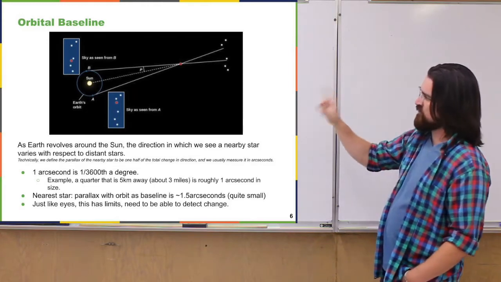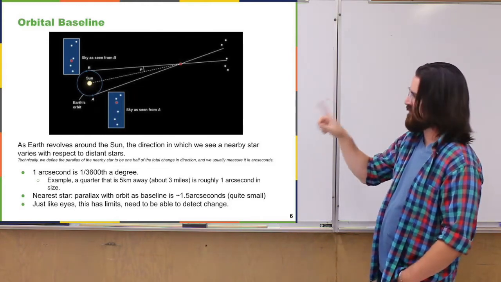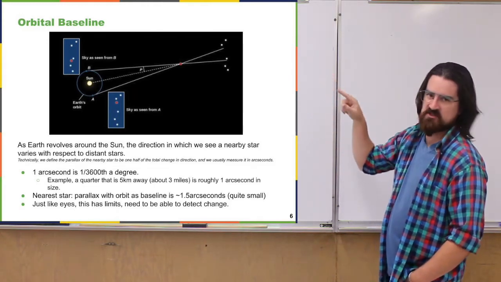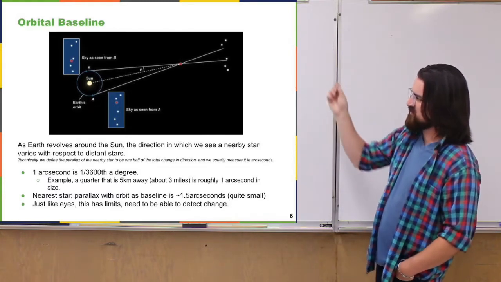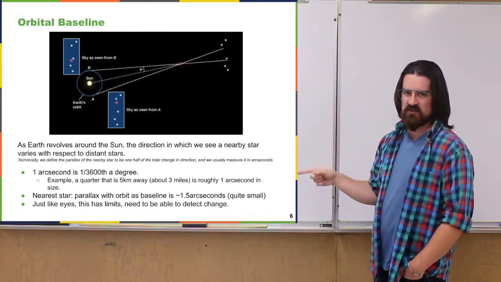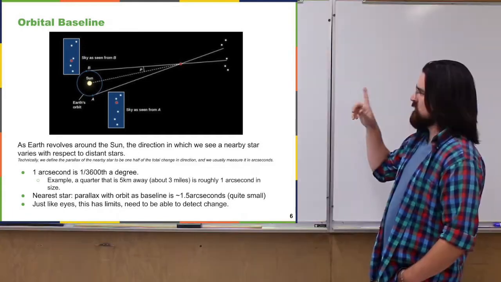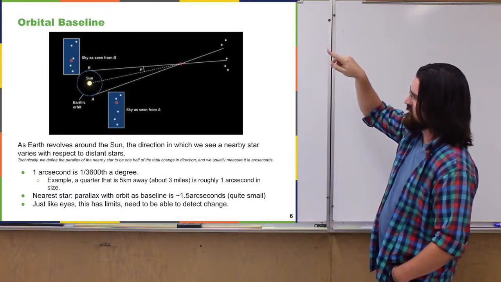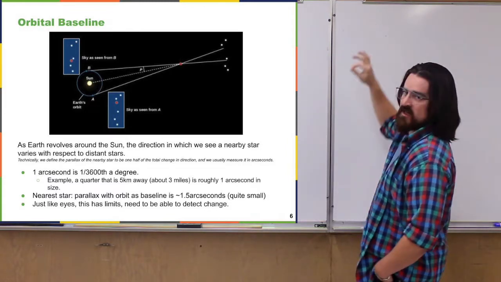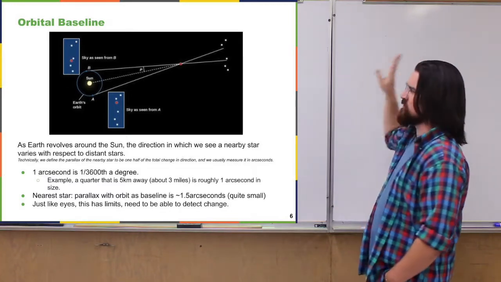Because if we imagine what it looks like to view this object from vantage point A, the object's little red dot, from vantage point A, that star looks like it's in this position relative to the other stars that are much further away. So then when we view it from the other side of Earth's orbit, point B, that star is now shifted down relative to those very far stars.